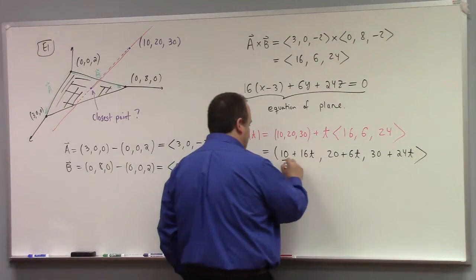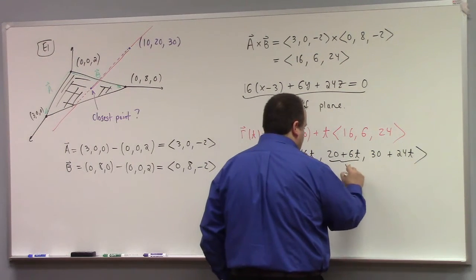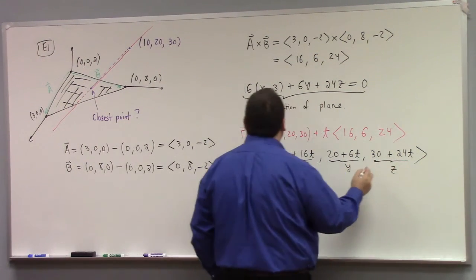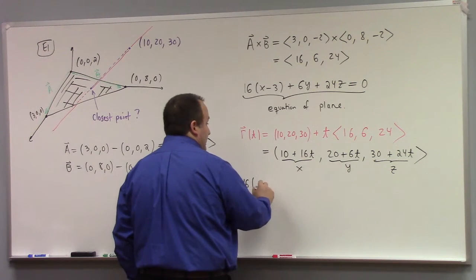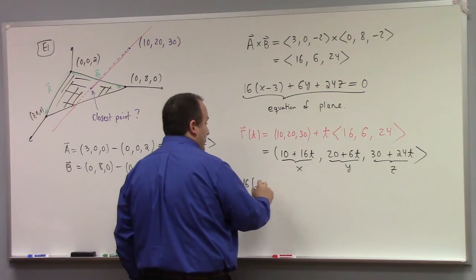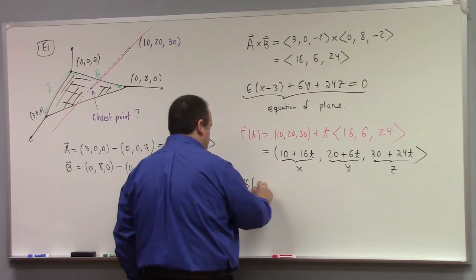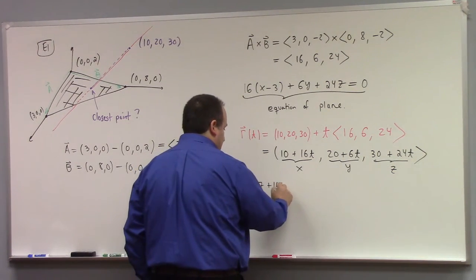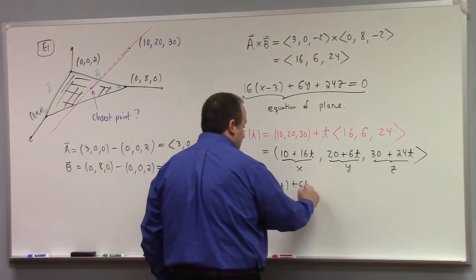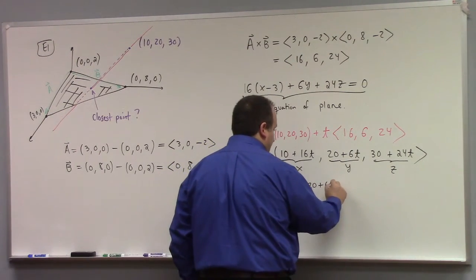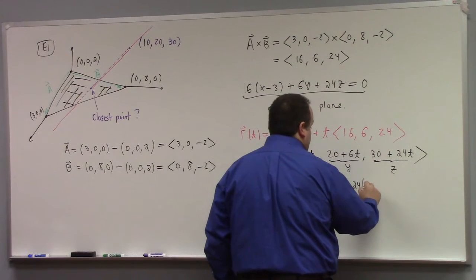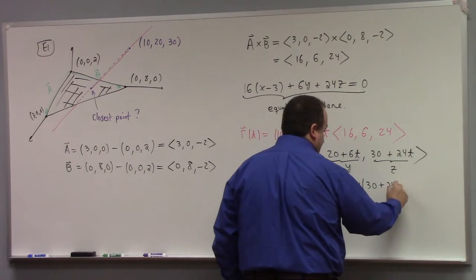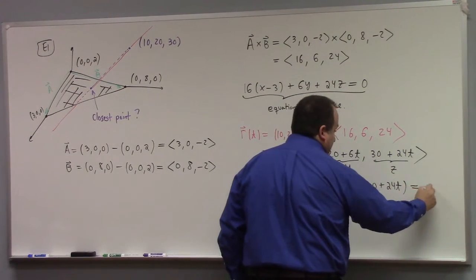This is my x, this is my y, this is my z, so plug them in. And we get 16 times 7 plus 16t plus 6 times 20 plus 6t plus 24 times 30 plus 24t, all of that equal to 0.